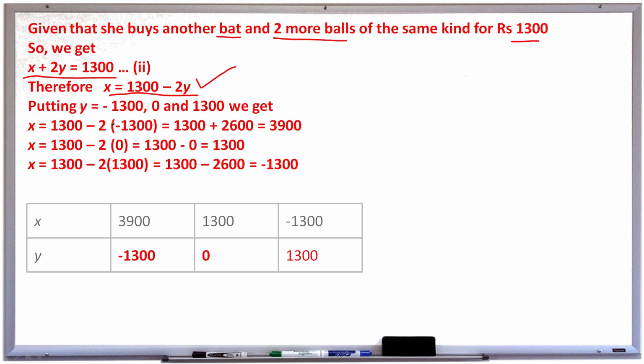Putting value y is equal to minus 1,300, you will get x value 3,900, and put value of y is equal to 0, you will get x value 1,300. Put y is equal to 1,300, you will get x value minus 1,300. Like this you will get the values.